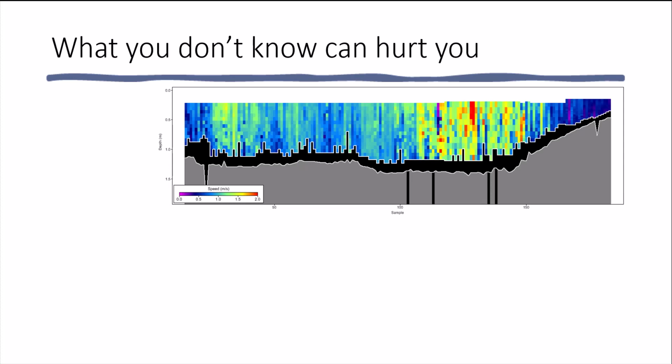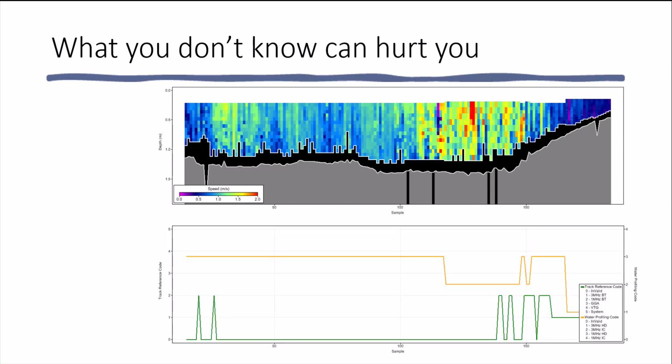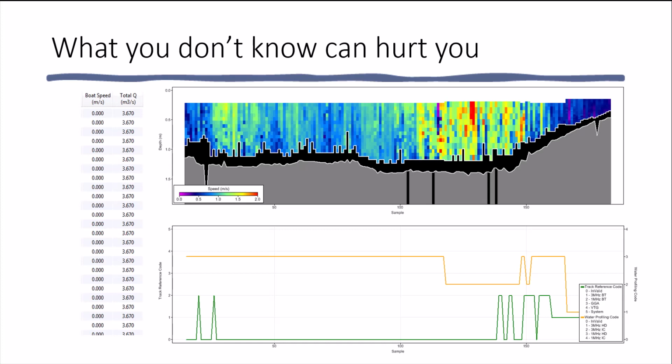Looking at the color contour plot, there doesn't appear to be any major issues with this transect. However, if we look at the track reference code graph, we see that from sample about 20 to 140, the bottom track was invalid. Looking in the samples table, we see that the boat speed is 0 and the discharge doesn't change. However, this cannot be seen in the contour graph.